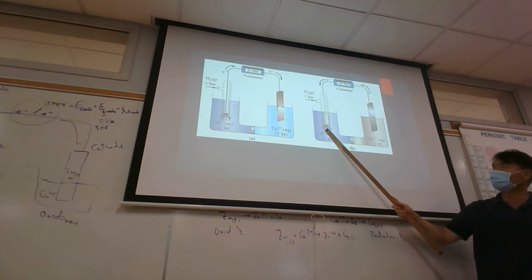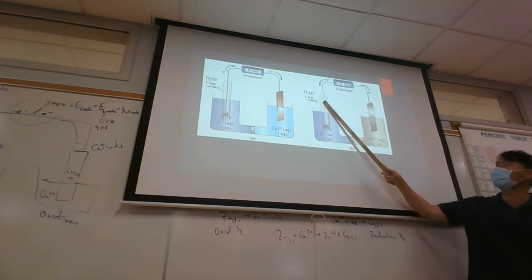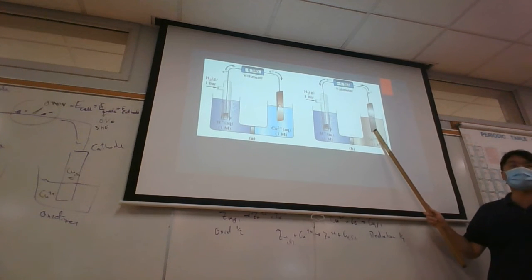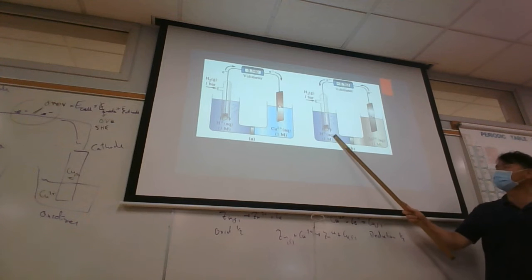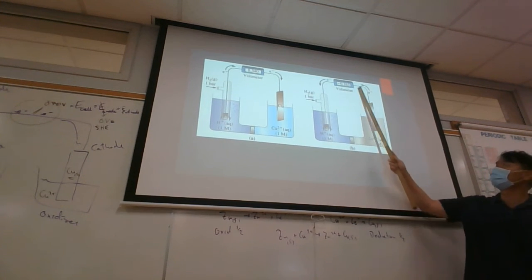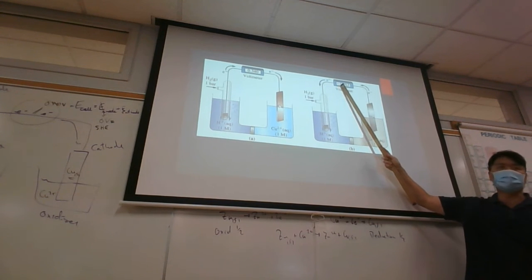H+ tries to pull electrons off platinum, unsuccessful. H+ tries to pull electrons off copper wire, unsuccessful. H+ tries to pull electrons off zinc, successful. So H+ is going to oxidize the zinc to Zn2+, but the electrons are going to flow backwards. If we have our voltmeter connected in a normal way, it's going to register a negative voltage.